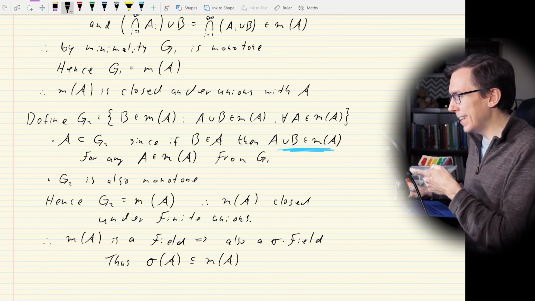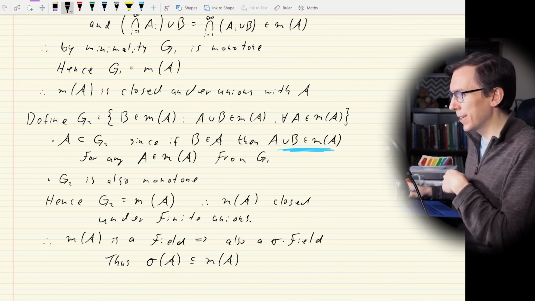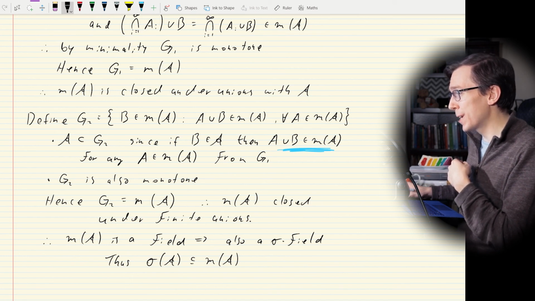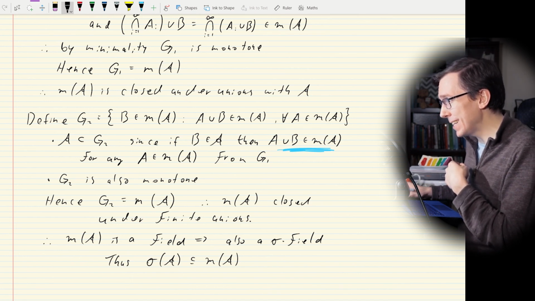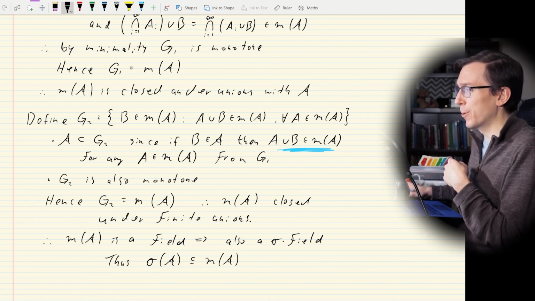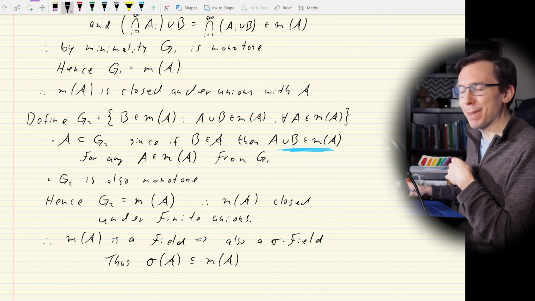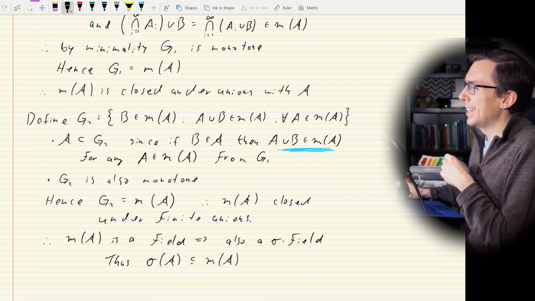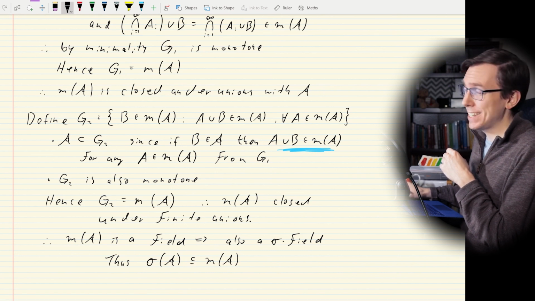Then we're going to hit the actual proof of the theorem and show how we can extend this. And then we have one other bonus theorem before we're done with product measures, the famous Fubini's theorem or the Fubini-Tonelli theorem, which allows us to swap the order of integration, something that you've probably been doing since calculus class, but now we're going to do it in a proper measure theoretic sense.